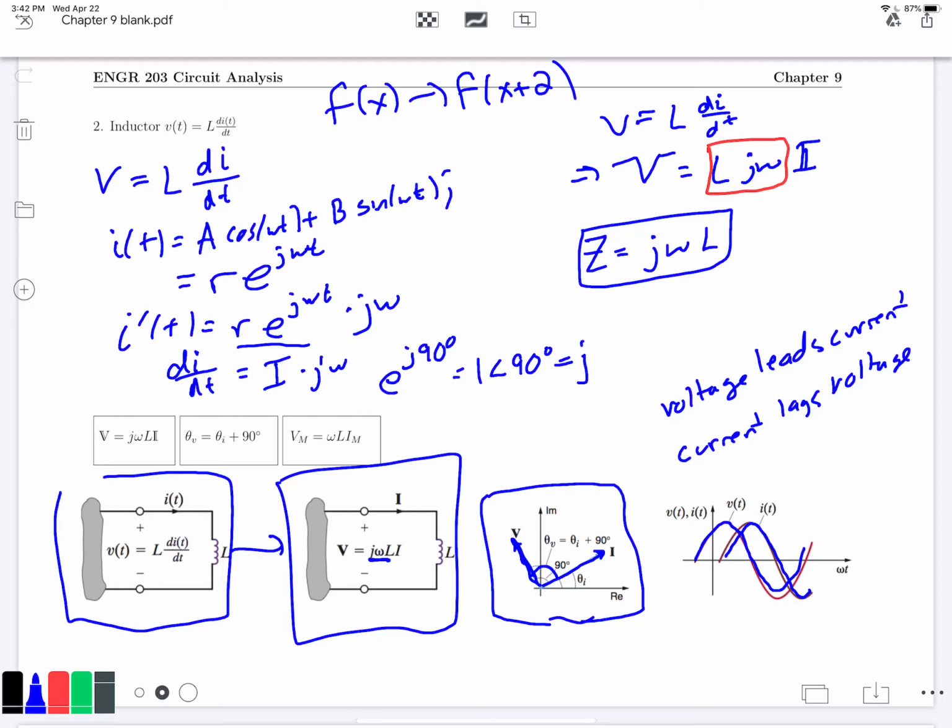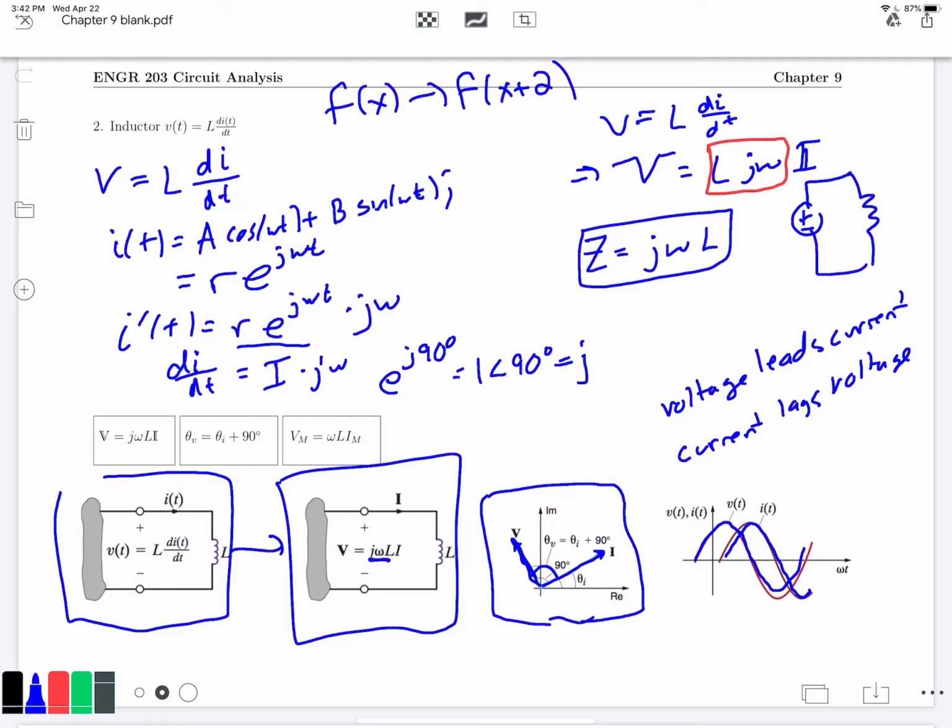And there's a physical way of thinking about this, and that is that you know that if you have an inductor, the current cannot change instantaneously. So if you were to apply a new voltage source to this inductor, the voltage would change right away, but the current would take time to catch up to it.